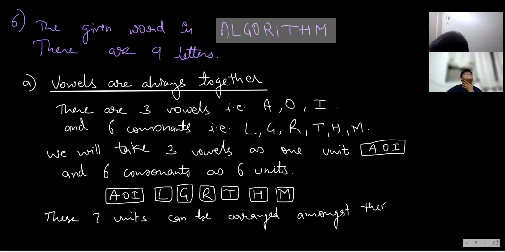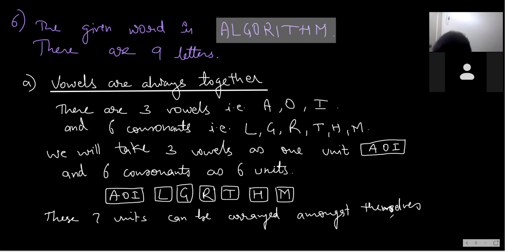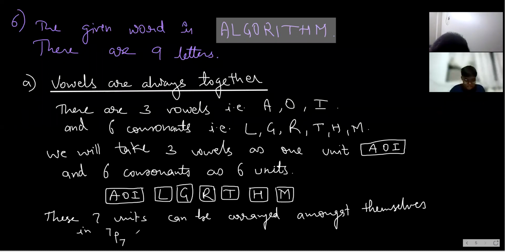There is a bit of lag here. Can be arranged among themselves in 7P7, that is 7 factorial ways.